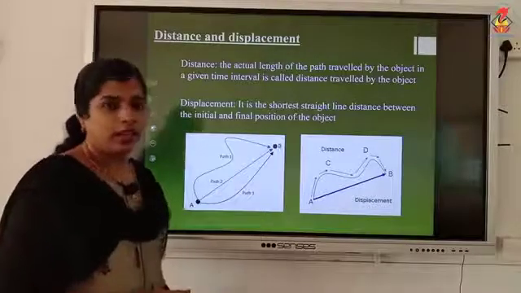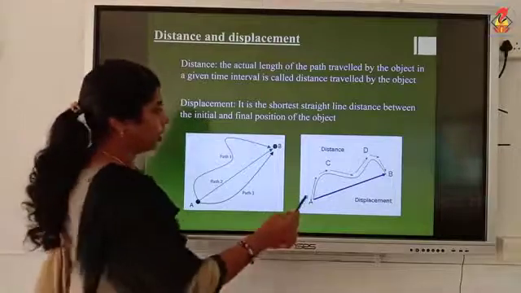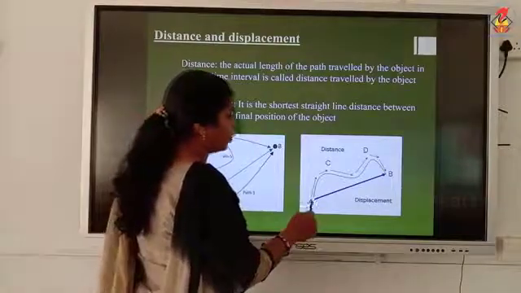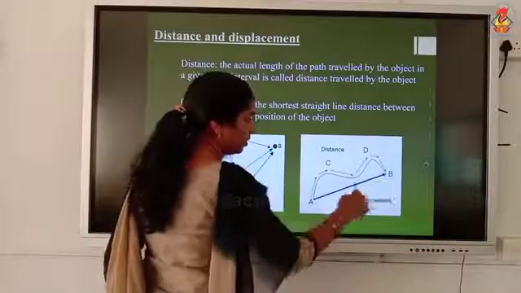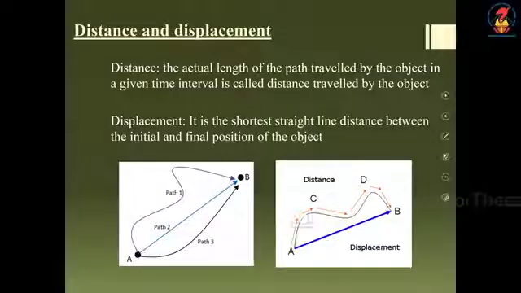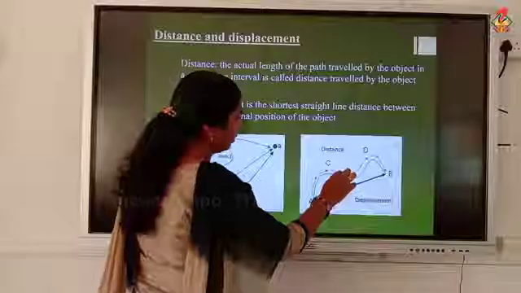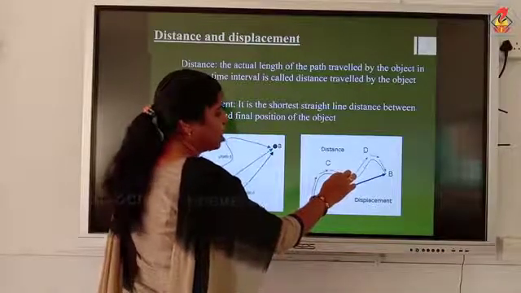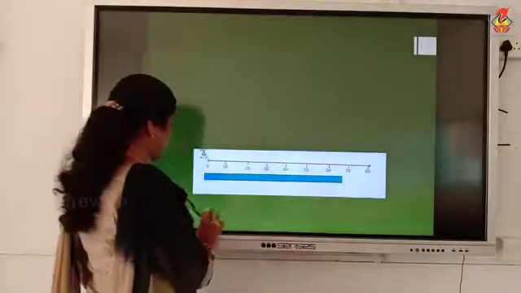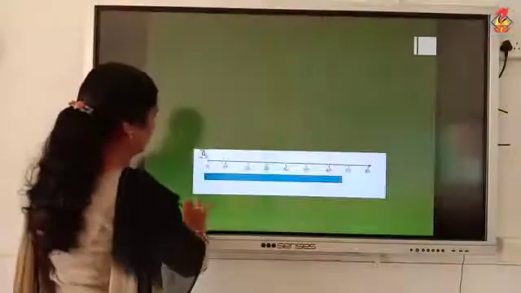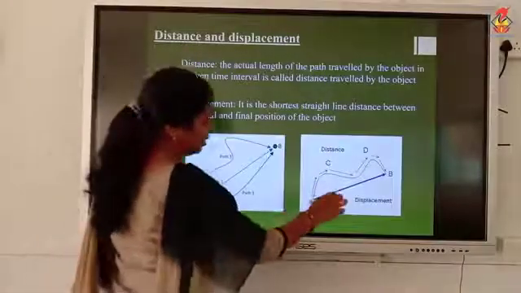Suppose I want to travel from A to B. The straight line distance is there, that is the displacement. I can also travel through this way. This path is also there. So, that is the distance traveled, the actual length of the path. This one is the displacement.